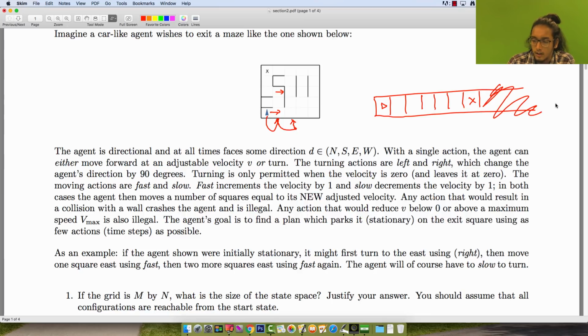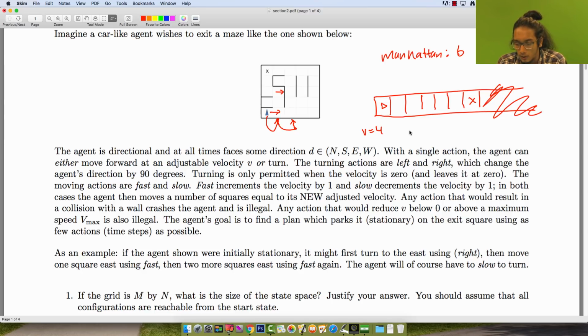And suppose that your agent currently has a velocity of 4, right? Now in this case, what is the Manhattan distance between the agent and the goal? It's 1, 2, 3, 4, 5, 6 spaces, right? So Manhattan distance is 6. But what is the actual number of steps that it needs to take to get to the goal?